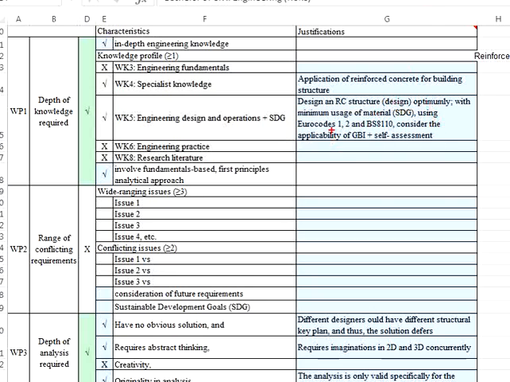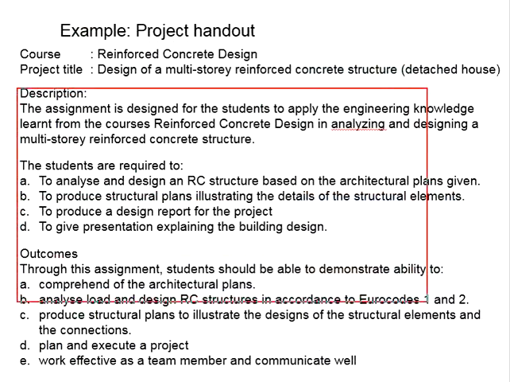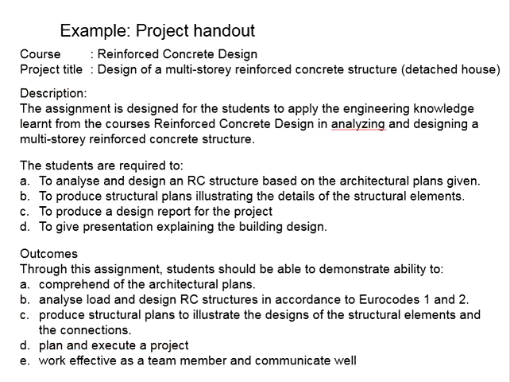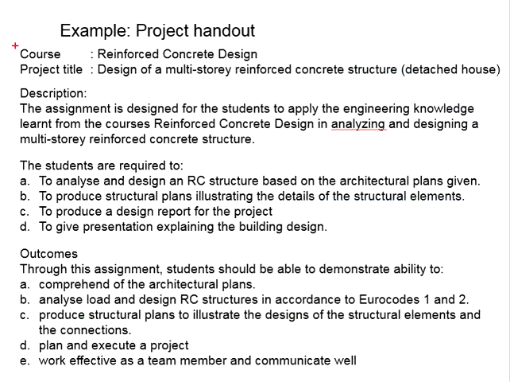Let's say now you want to incorporate the Green Building Index as a part of the requirement for the design. Then those things should be clearly outlined and specified in the project handout later. You cannot declare something that is not available in the project handouts. Also, you cannot declare something that you cannot prove.